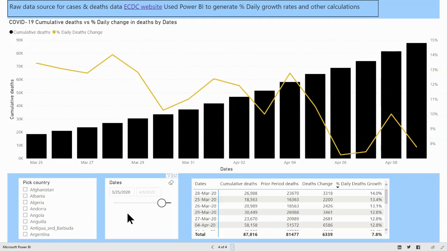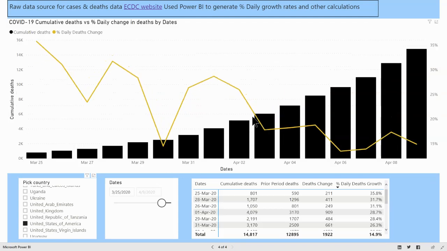And we could look at the growth in the number of deaths for any country by going here and just choosing the country, and then looking at the rate. So for the US, if we looked at it, we would see here that the daily rate of growth is at 14.9%, which is still relatively high.